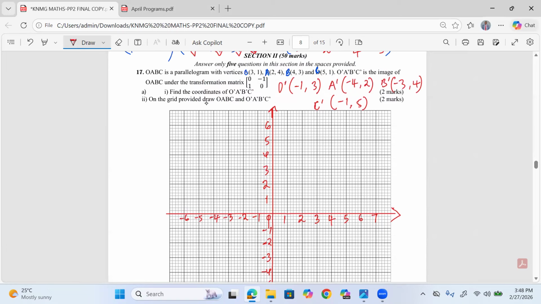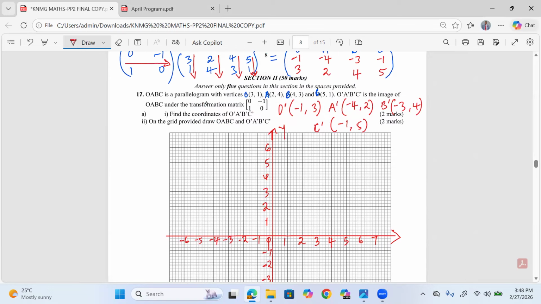So we have the Cartesian plane. This is the y-axis. This is the x-axis, properly labeled, scale properly chosen.